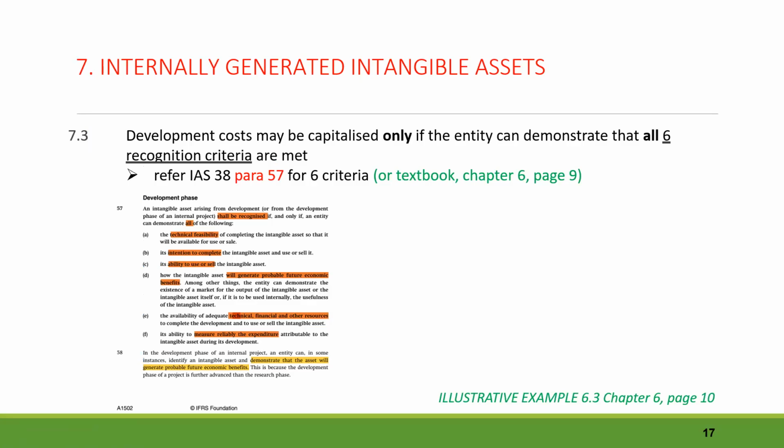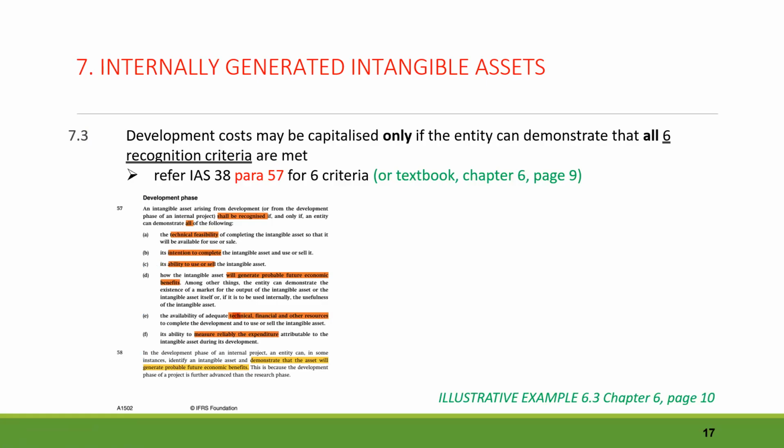Now, the intangible asset arising from development is recognized if and only if the entity can demonstrate that all 6 criteria are met. Now, you'll flag this in your standard, but also try to understand what they mean so that when you're reading your scenario in a test or exam, it immediately clicks in your mind that, okay, this means that we are meeting the technical feasibility criteria, right?